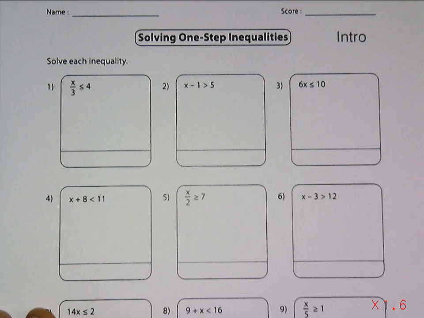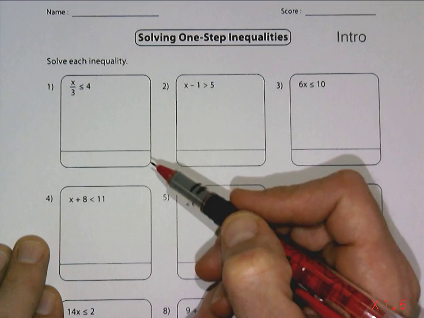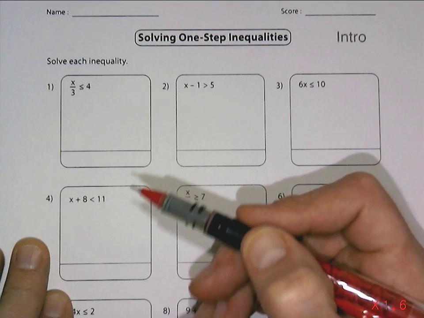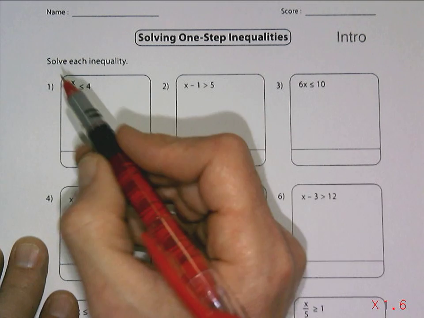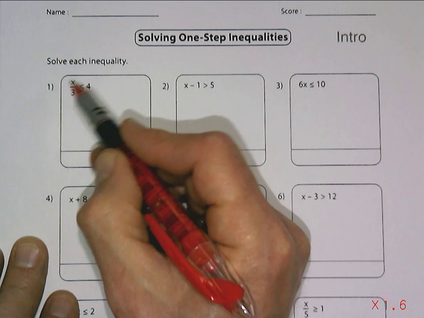In this lesson, we are going to solve one-step inequalities. So sometimes inequalities come in the form of things where you have to actually do some manipulation to find out what x is less than or greater than. And so in this case, this is a lot like just solving an equation.